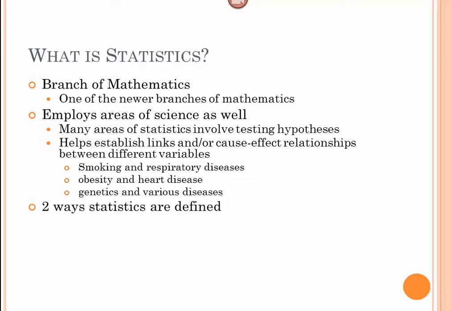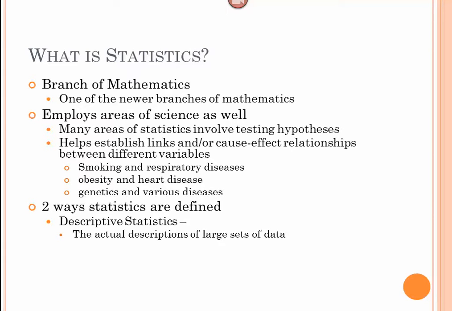So there are two different ways that statistics are defined. The first is in terms of description. This is going to encompass a lot of what we look at in Modules 1 and 2: descriptive statistics, which is taking large sets of data, which really is just a collection of numbers, and trying to make sense of it. These are what we would consider the hard numbers.